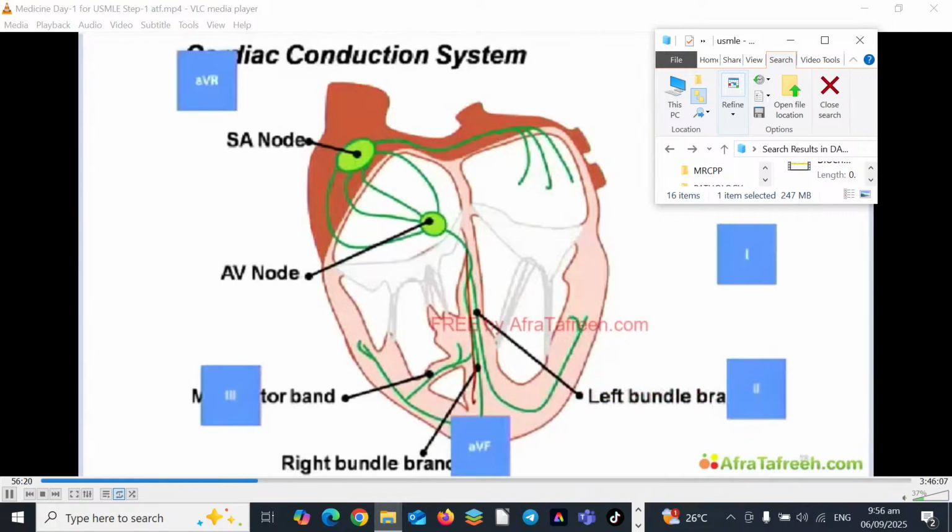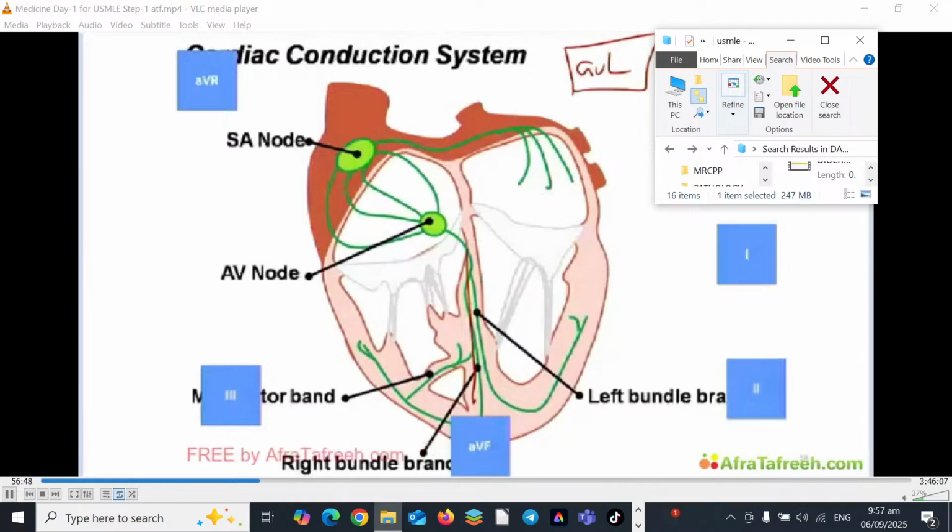So once you have developed your axial system, you have the AVL here. Now please pay attention to the animation here. It is a very important animation and it is based on the concept which you very well know, that the depolarization current will start from the SA node, go to the AV node and then go downwards.